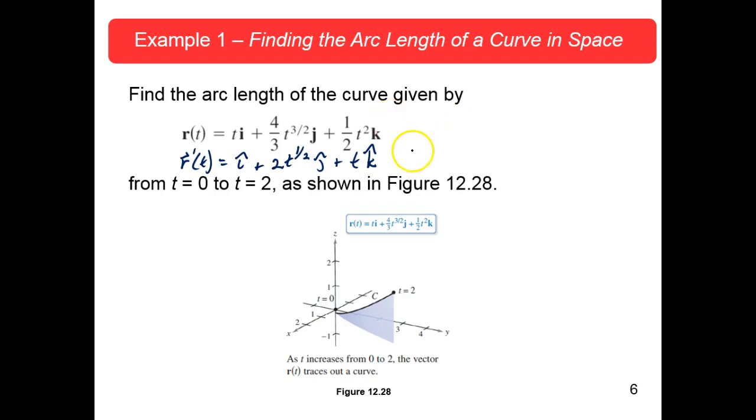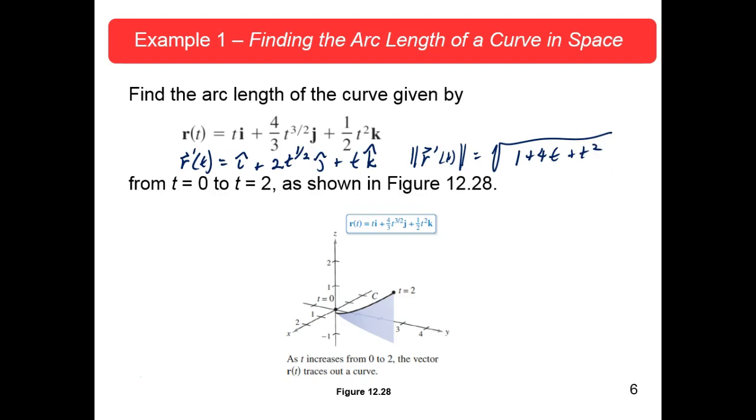Okay, what we need is the magnitude of that R prime of t, which is the square root of the square of each of those coefficients. So 1 squared is 1, plus 2t to the 1/2 squared, you get 4t, and then plus t squared.